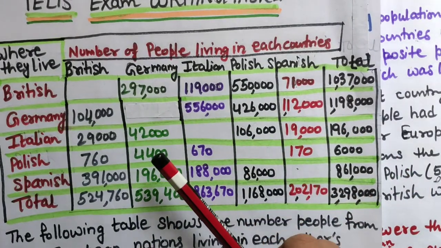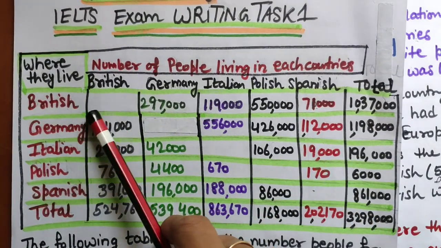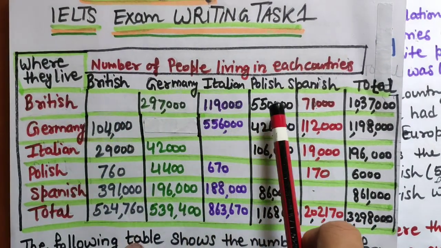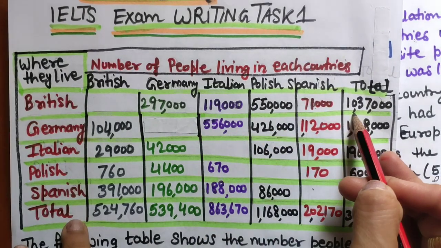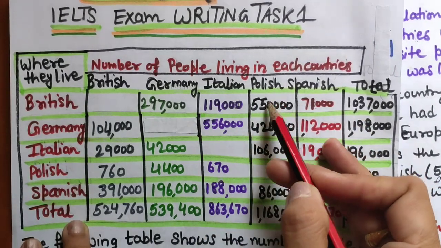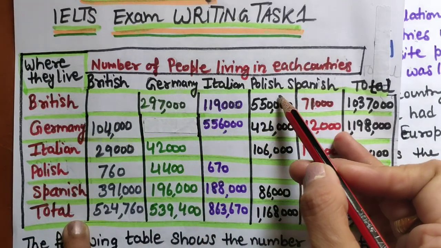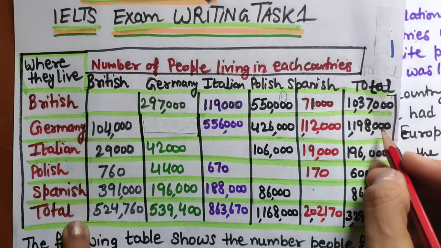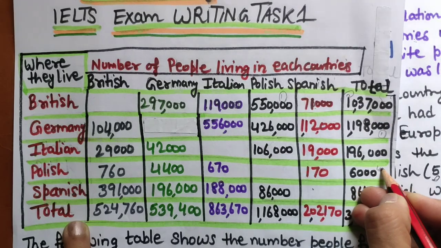Now according to the country wise, British people stayed in Germany, Italian, Polish and Spanish. Surprisingly, out of the total, here in Polish, British people are staying more. So this is number 1. I am marking it, number 1 and number 2, and this is the last number.